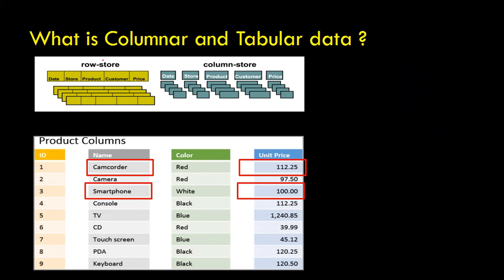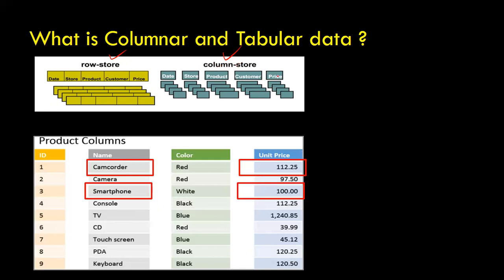Now let us understand what is row store and column store. Our Xvelocity engine converts your tabular data, which is nothing but the row store data, into columnar data. In the case of columnar data, it stores each column separately. What is the big deal?